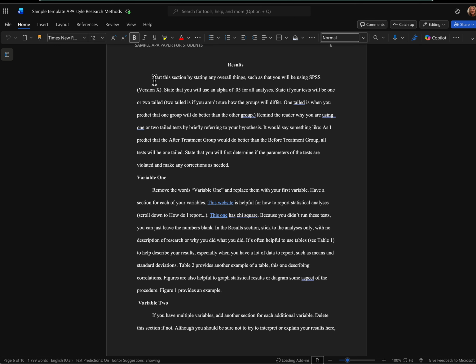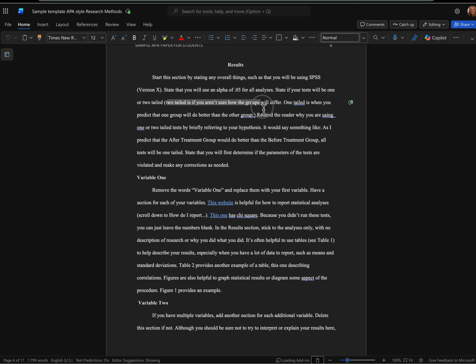This is telling you overall things that you need to do, like just say that you'll be using SPSS version. If you have SPSS, you can look at the version, otherwise leave it as version X. Just say you're going to use an alpha level of 0.05 for all analyses. Say if your test will be one-tailed or two-tailed.